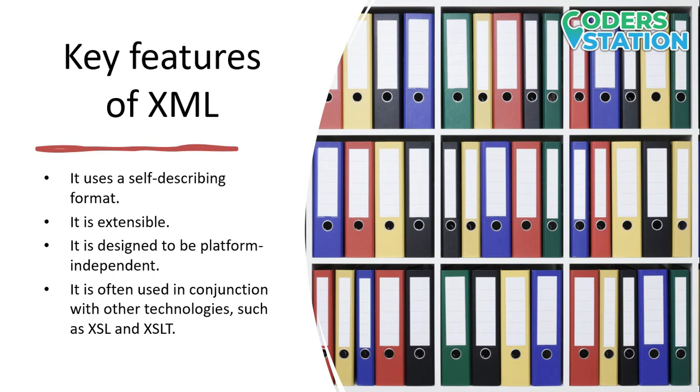It is designed to be platform independent, which means that documents can be exchanged between different systems without the need for conversion. It is often used in conjunction with other technologies such as XSL, Extensible Stylesheet Language, and XSLT, XSL Transformation, to transform and display XML documents in different formats.